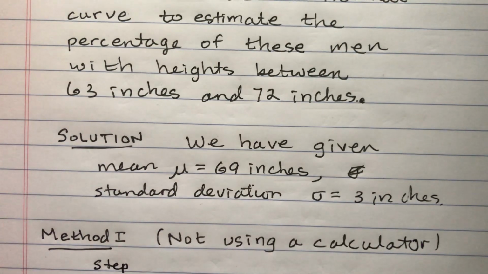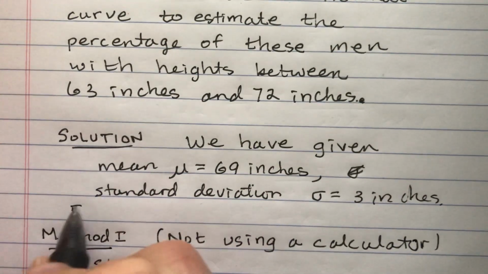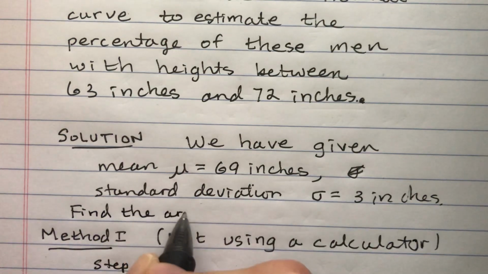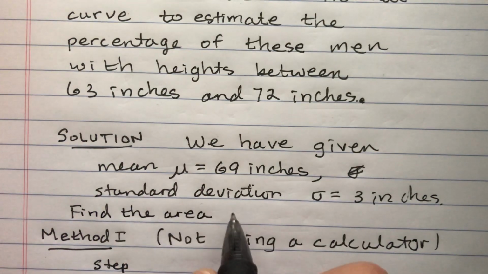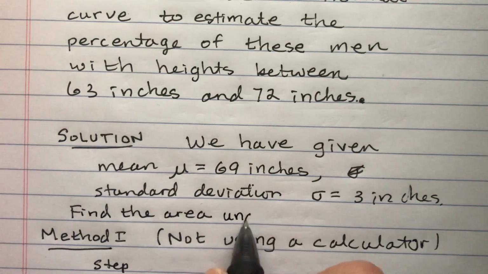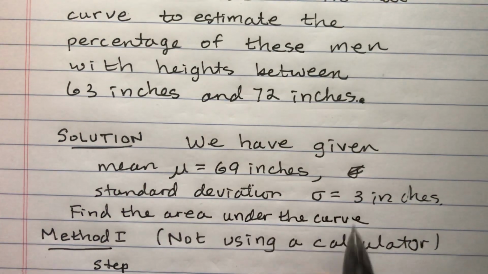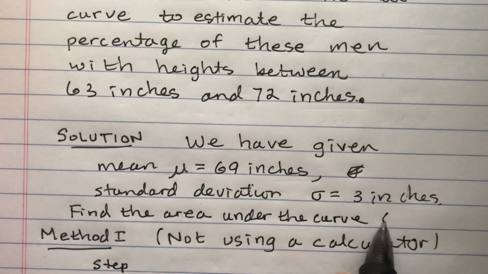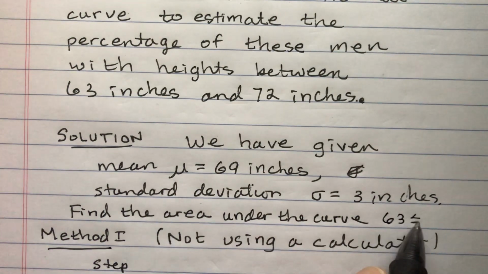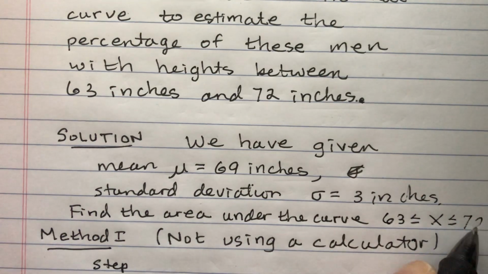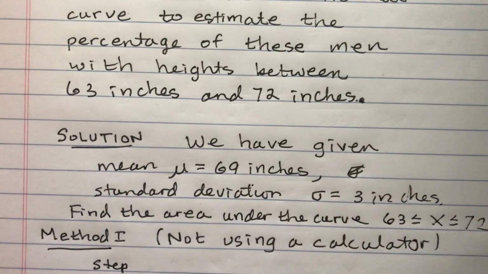Oh, by the way, right here, what I'm trying to do is find the area under the curve where I have x, which is the height between 63 and 72 inches. So that's what we're trying to do.